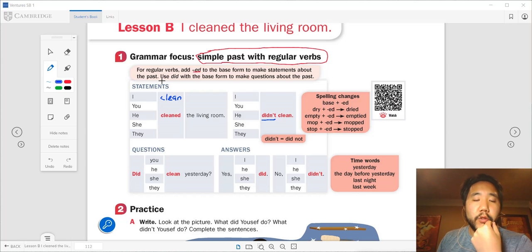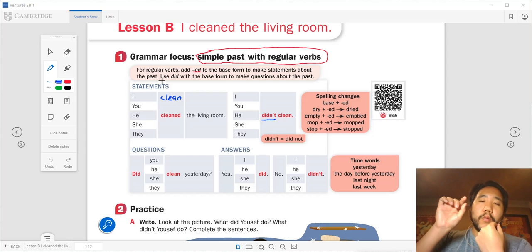And then if we want to use the simple past be word was, then it would be, was she a nurse? Was he a nurse? So depending on the subject pronoun, we had to use the words was and were differently.